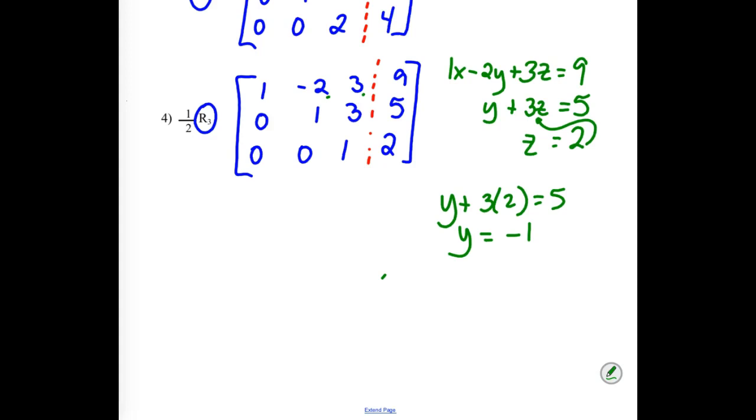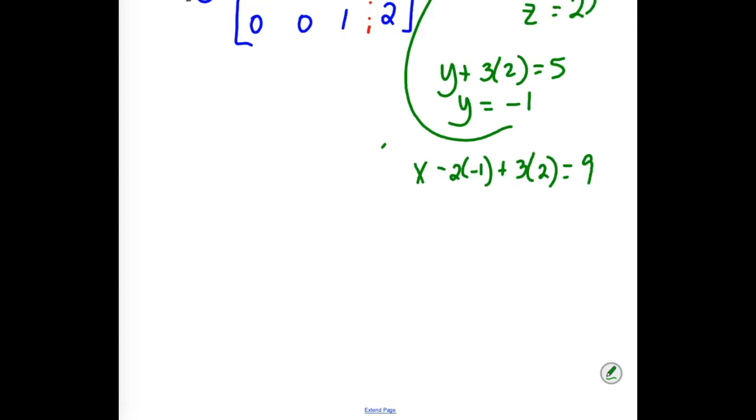Okay. Now I know z and y. I can plug them into my top equation. So I have x minus 2 times -1 plus 3 times 2 equals 9. So x plus 2 plus 6 is 9. What would x have to be? 2 plus 6 is 8.